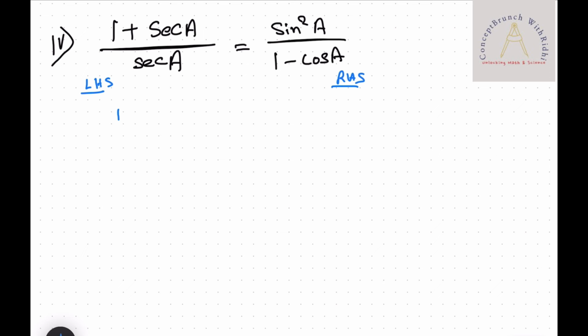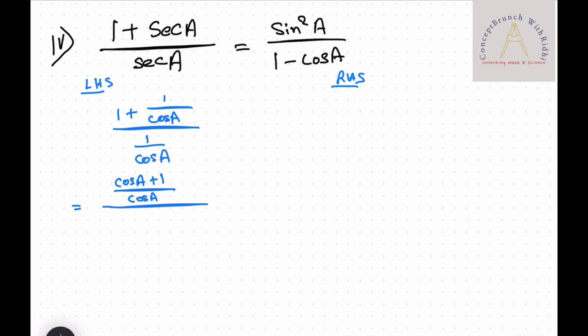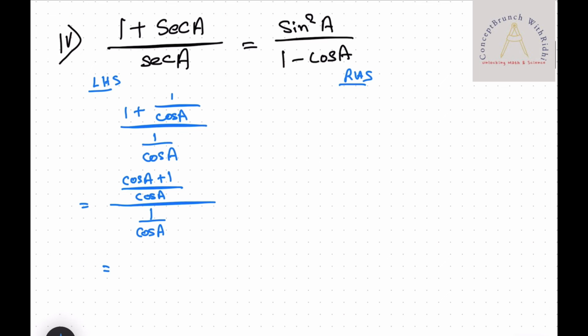So what is going to be 1 plus 1 divide with cos A and divide with 1 divide with cos A, right? So what is going to be cos A plus 1 divide with cos A, and this is 1 over cos A, right? So cos we can cancel out, so it will become cos A plus 1.